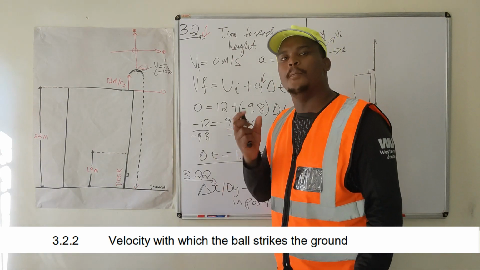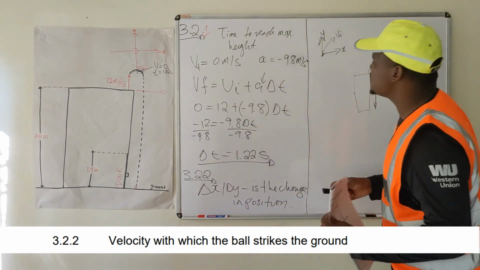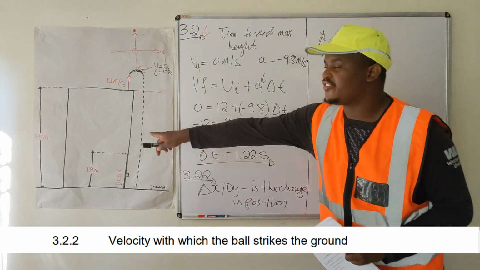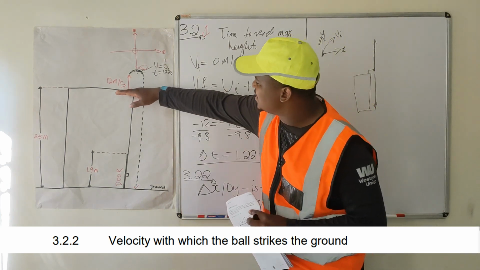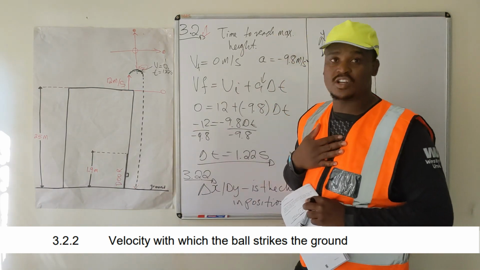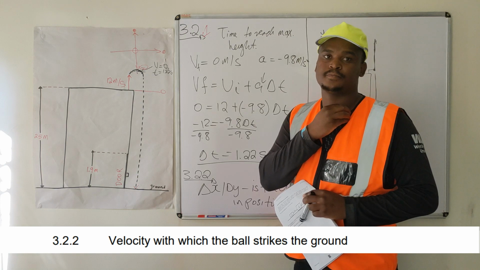That's how far the ball is displaced from where it started. So you know your displacement, which is the change in position, is 25 meters. But our 25 meters is below where the ball started. So our 25 meters is negative according to our own coordinate system.